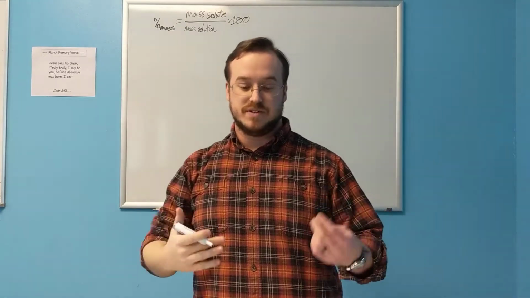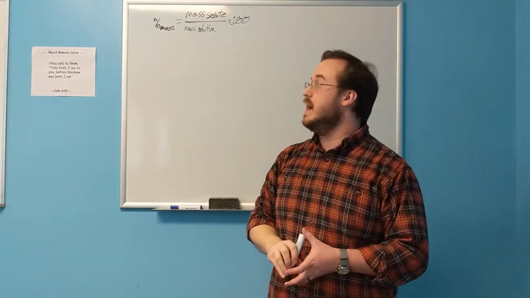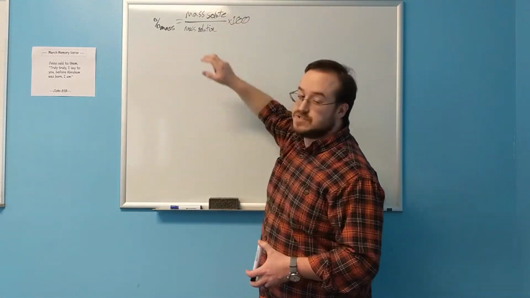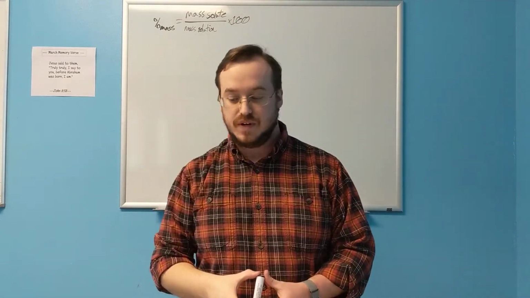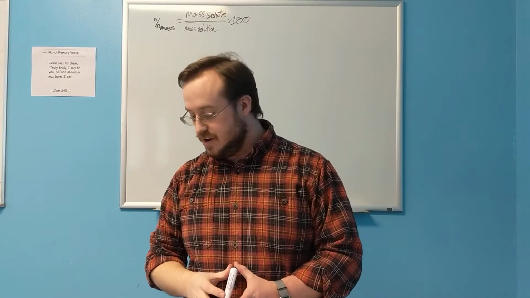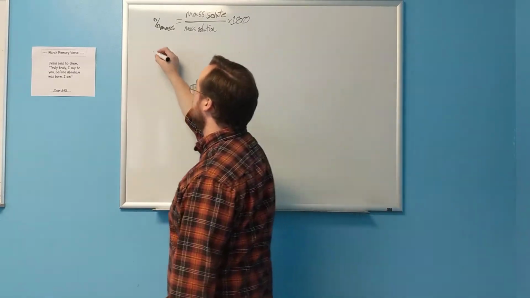The times 100 gives us the percent. Notice that this is not mass of solute to mass of solvent. This is mass of solute out of the total mass of the solution. We're going to do number 10 on page 481 together.